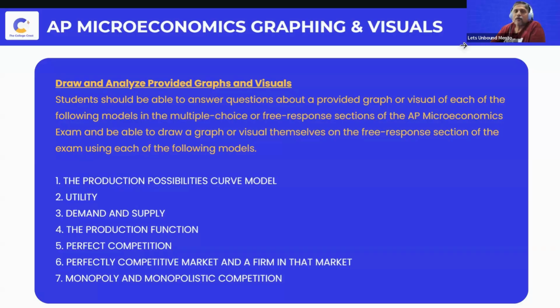You can see all the major concepts involve graphical representation of quantities.